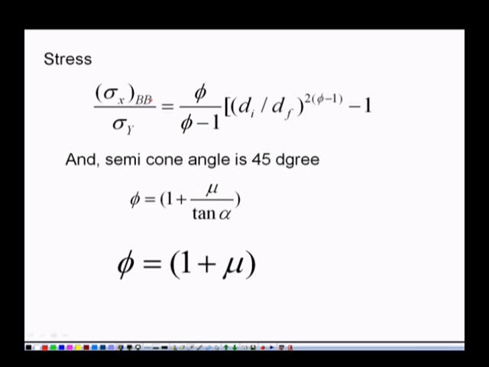So, the stress along direction BB, as we have seen earlier, in comparison to sigma y, that is sigma by sigma y, is given by phi upon phi minus 1, or finally (di minus d final) to the power 2 into (phi minus 1) and minus 1.